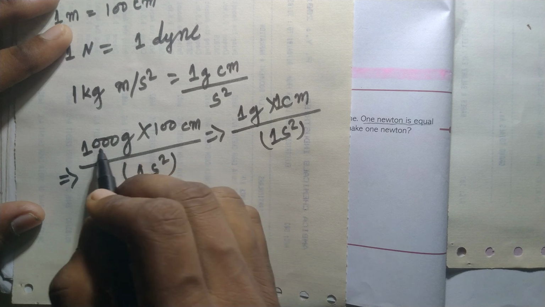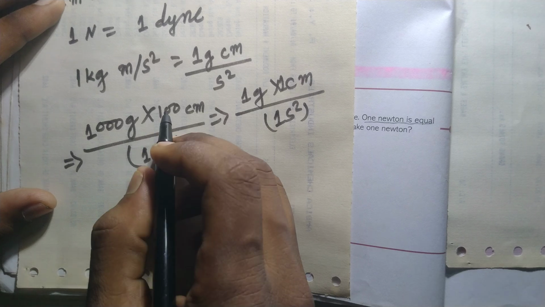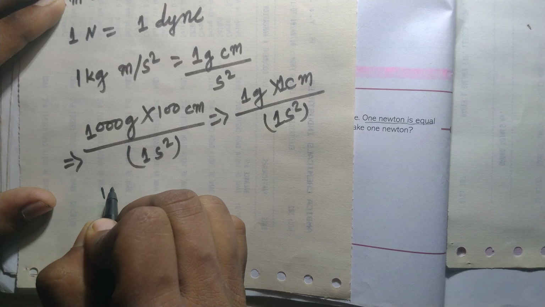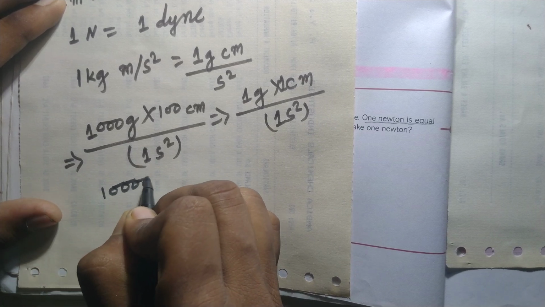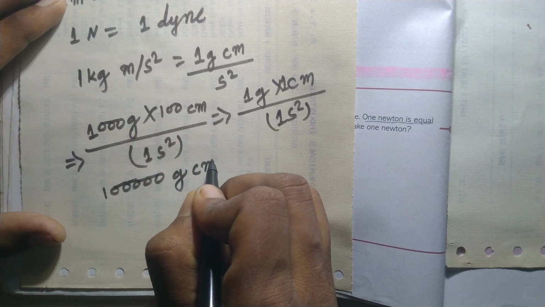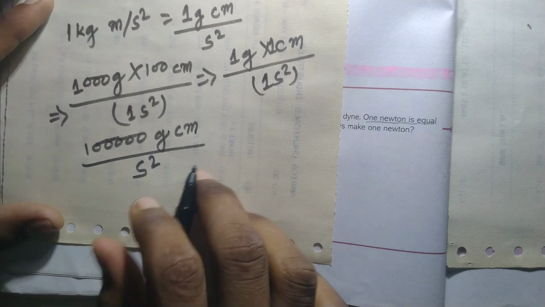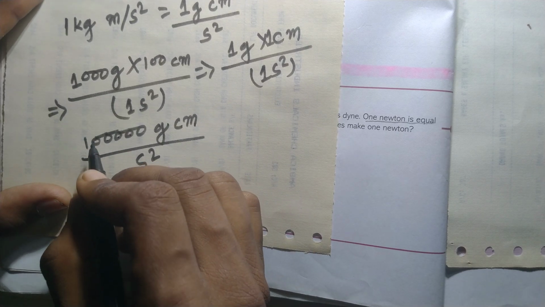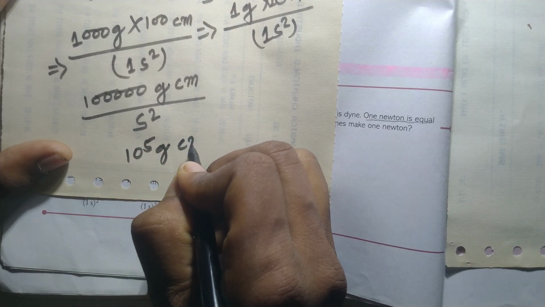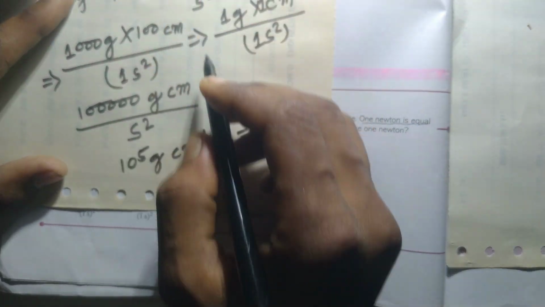Thousand multiplied by 100 gives 10 to the power 5 gram centimeter per second square, which equals 1 Newton.